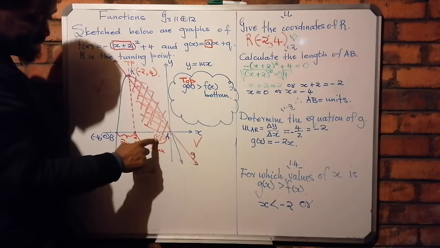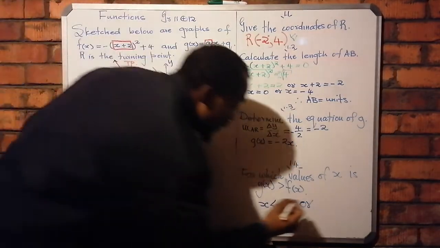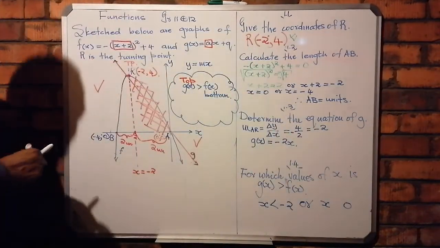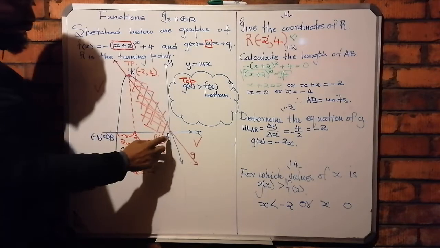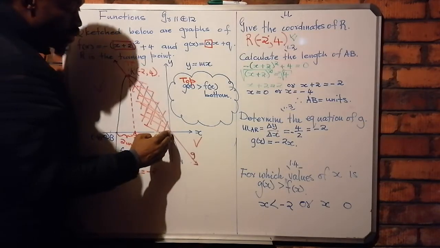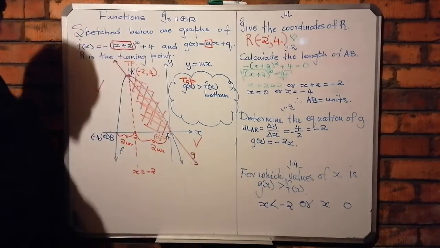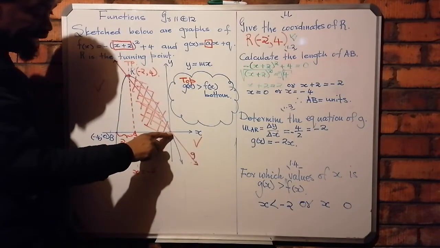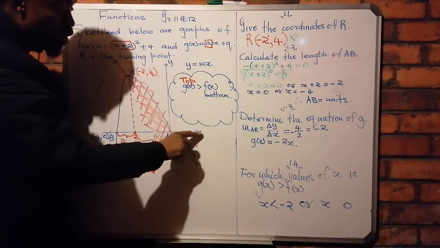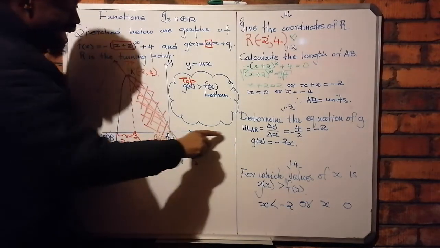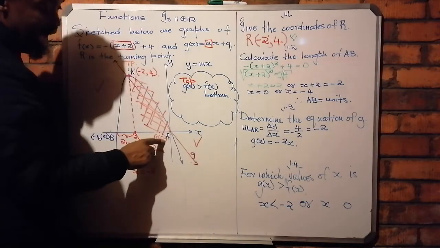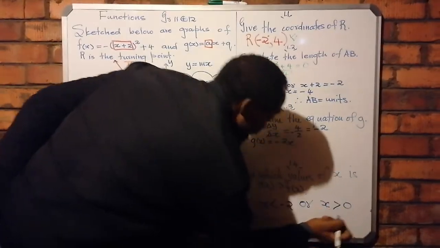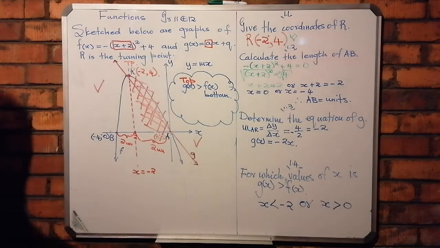The value of x at this point is 0. I write x and put 0 there. Now I said I want to go to the right of the 0. Going to the right of the 0, it means that I am taking all the values of x that are greater than 0. That is why I'm going to say that x is greater than 0.